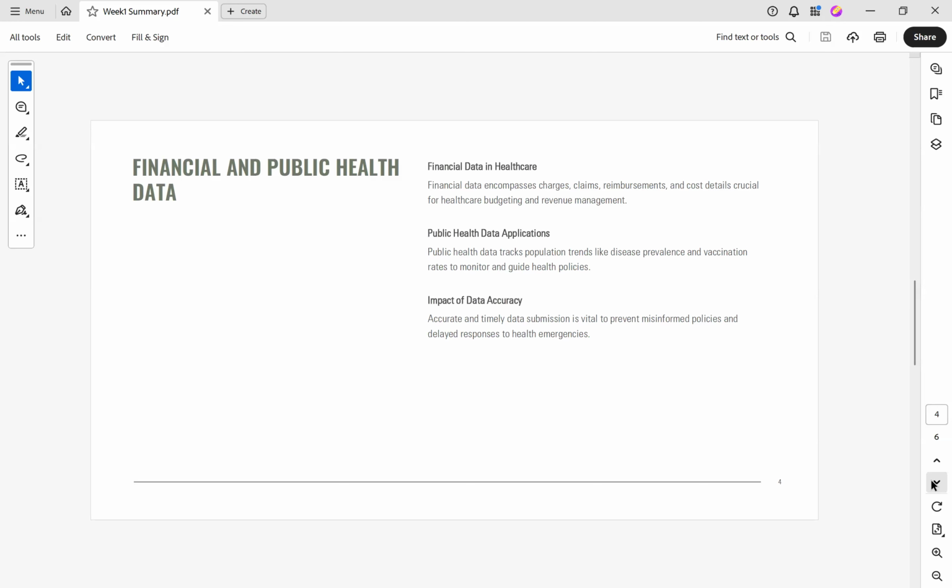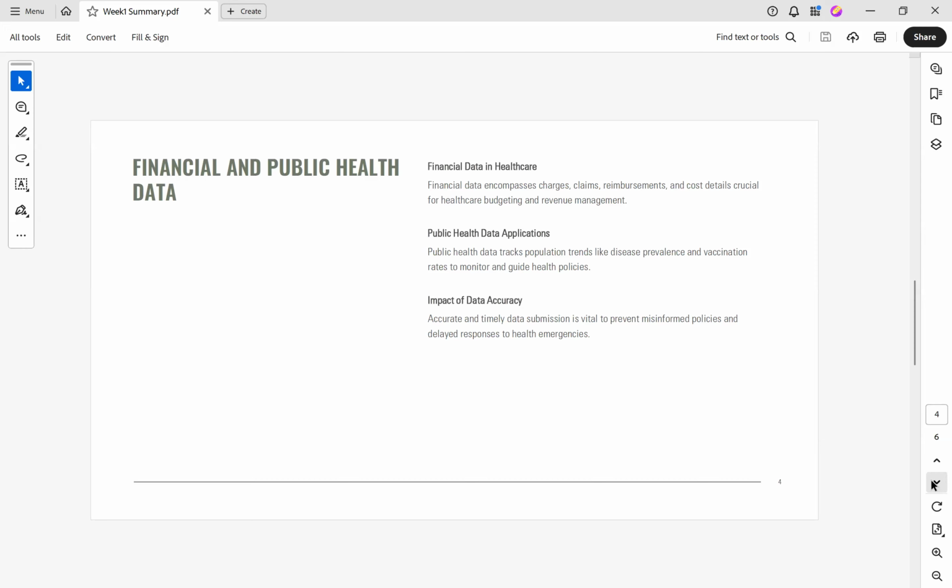So the financial data is about our bills, about our revenue, our claims. But the public health data, which has to be tracked and shared, everything from vital statistics, births and deaths, to diseases, really the key is accuracy.